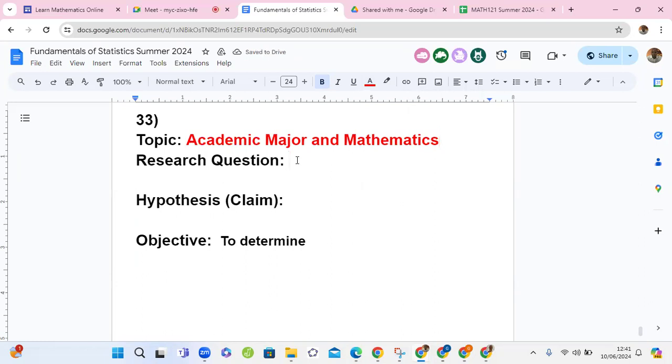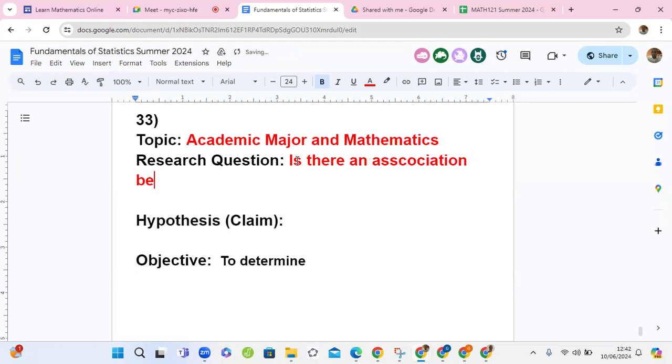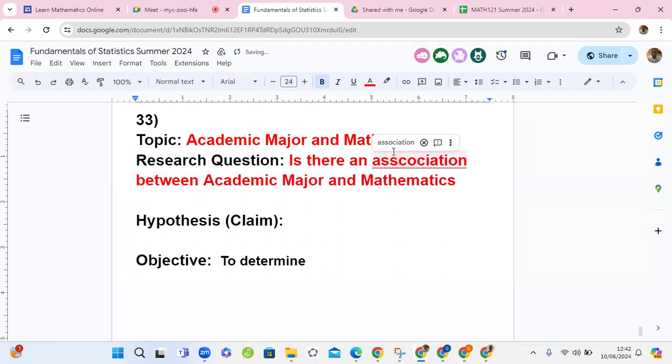So the question is: is there an association between academic major and mathematics score? That's what you're trying to test to see whether or not there is. So one may hypothesize and say, well, okay, there is.